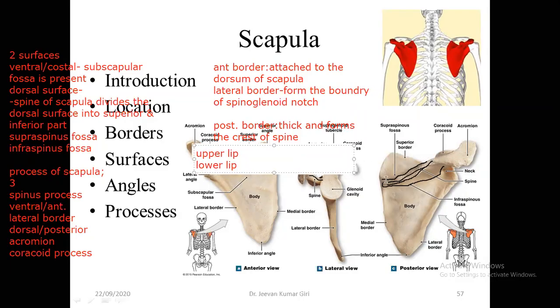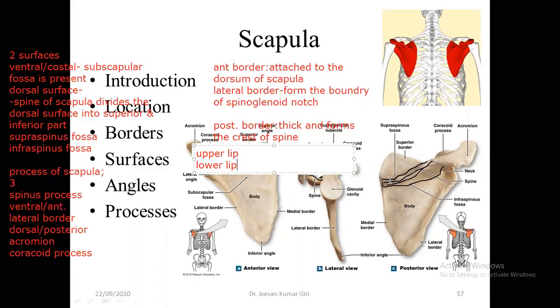You have to remember this, because there is the attachment of muscles in the upper lip and the lower lip. In the upper lip one muscle is attached, in the lower lip the next muscle. While reading the muscle attachments, it will be easy if you remember this part of the bone.